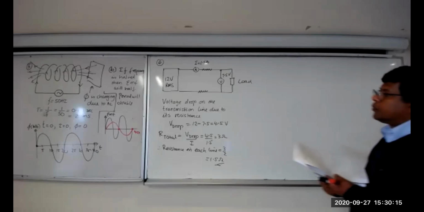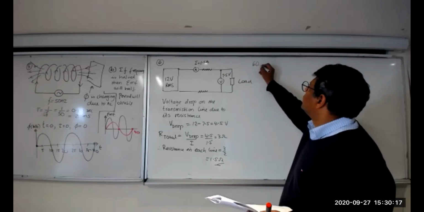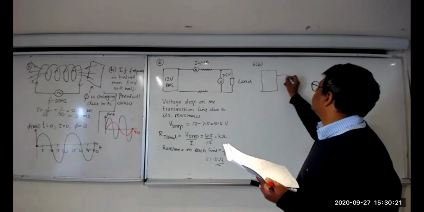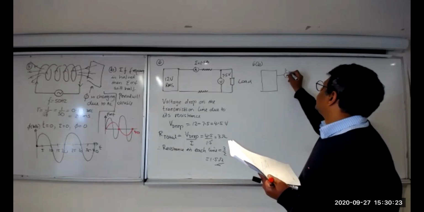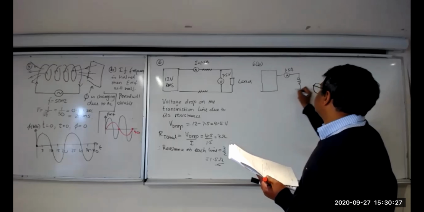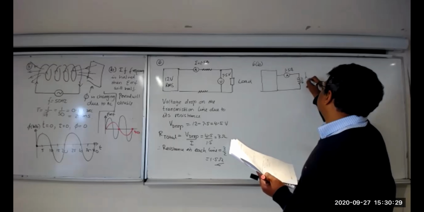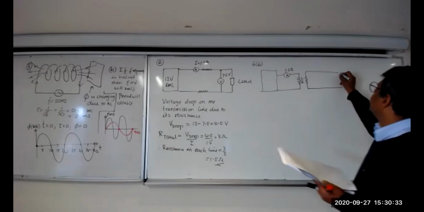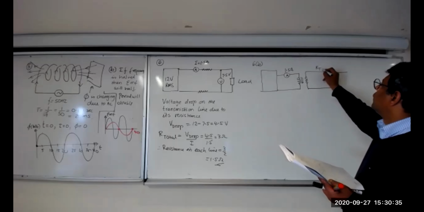Now you have a transformer. You're stepping up. You're stepping up the voltage, which means you're stepping down the current. Don't forget that your transmission line is still the same. Our total here is 3 ohms.